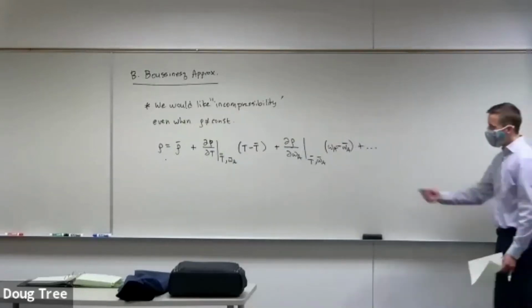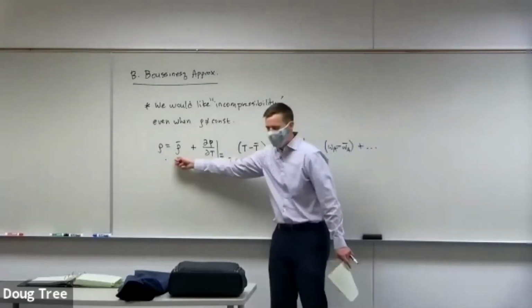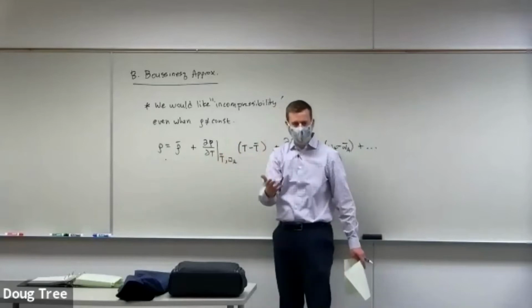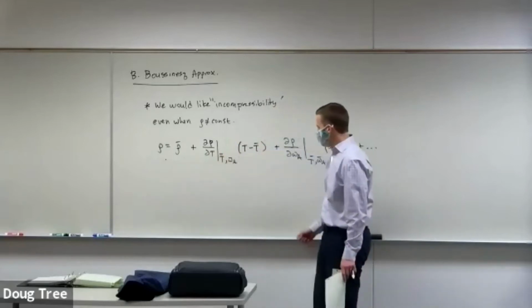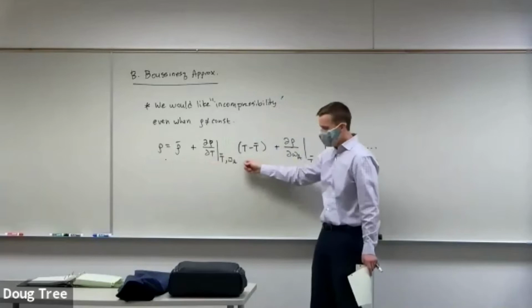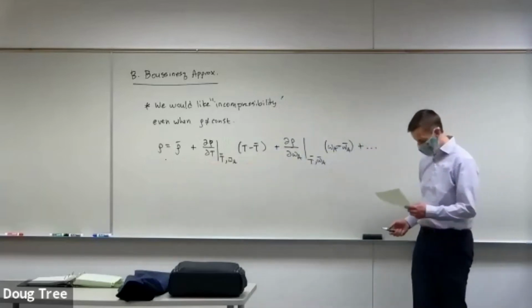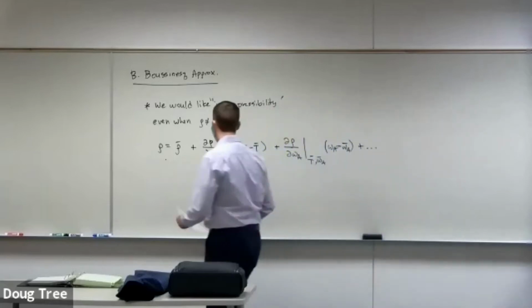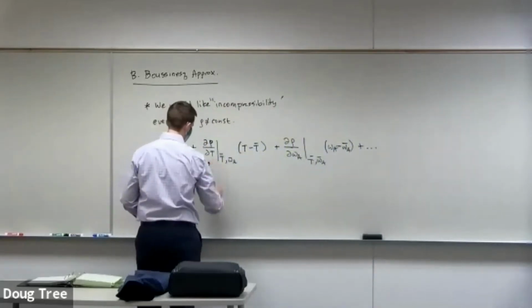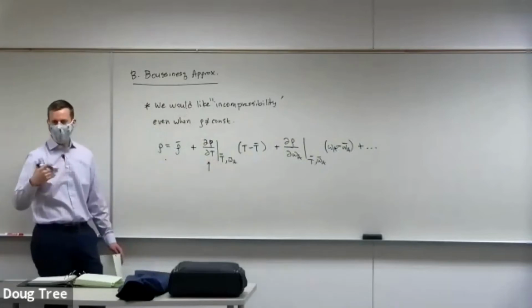I'm saying the density is some average density, something that I'm going to pick, okay? And then I'm going to say there's a density difference due to temperatures and due to concentrations, okay? Now this often gets rewritten, because this term in particular is something we often write differently in thermo.